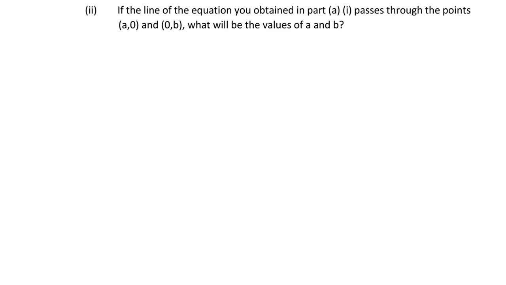For Roman 2, if the line of equation you obtained in part A, Roman 1, passes through the points (a, 0) and (0, b), what will be the values of a and b? Okay, so we are taking back our equation of a line obtained, which says y equals 10x plus 14.